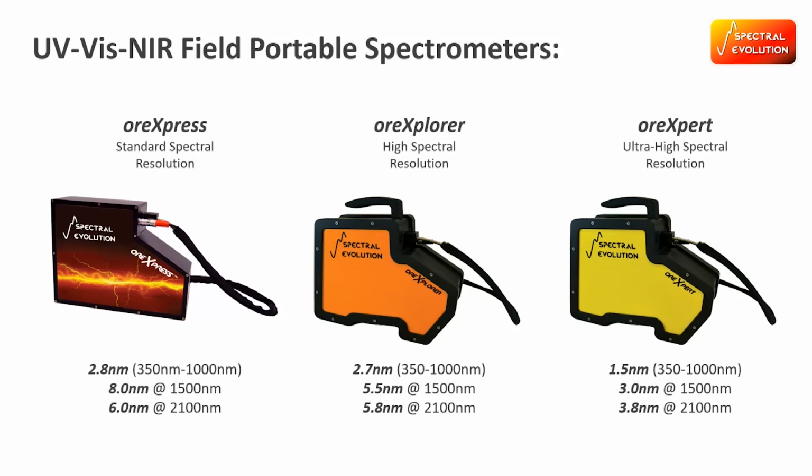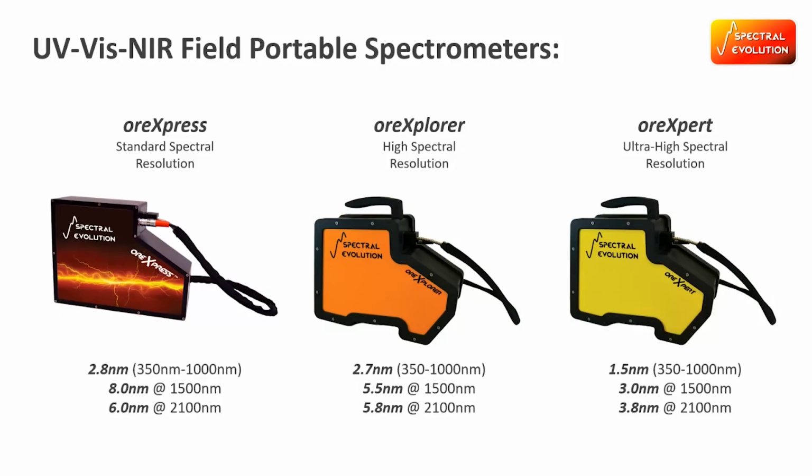This will have a 2.7 nanometer resolution in the UV-Vis, a 5.5 in SWIR 1, and 5.8 in SWIR 2. And then we have our oreXpert, which is the highest resolution for field-based instruments on the market today, which has a 1.5 nanometer resolution in UV-Vis, 3 in SWIR 1, and 3.8 in SWIR 2.